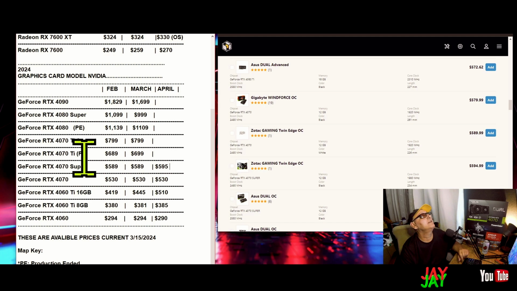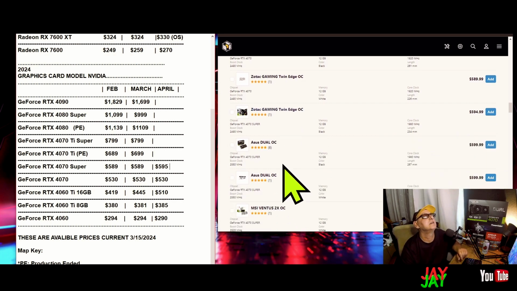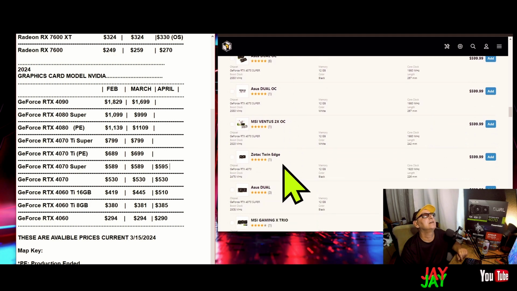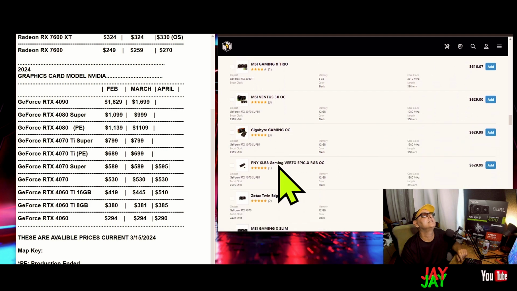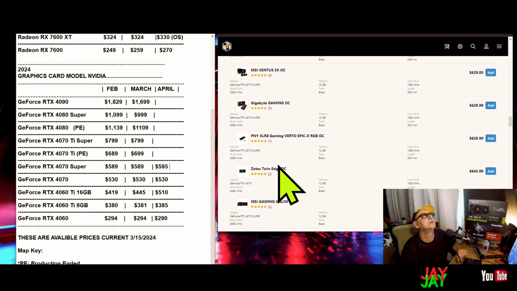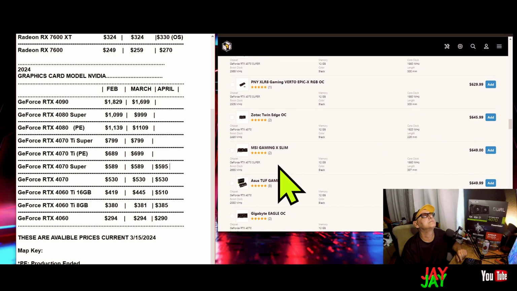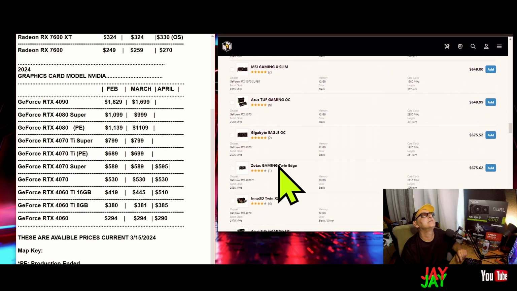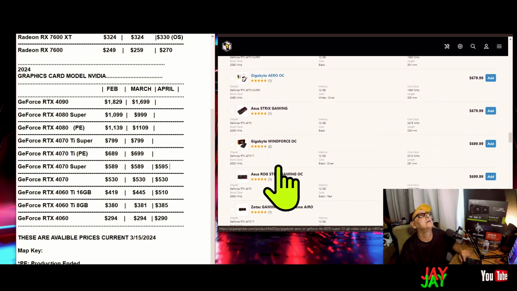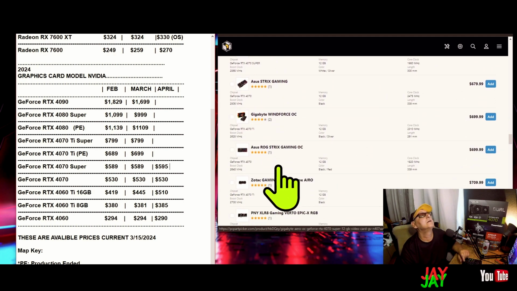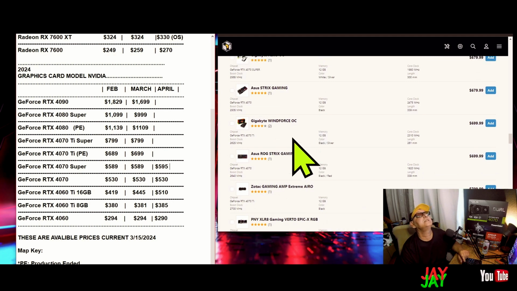And go to the 4070 Ti, which is out of production. So, I mean, they discontinued it. Let's see if we can find the 4070 Ti. 4070 Ti.